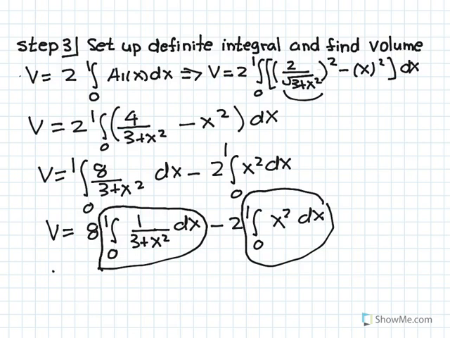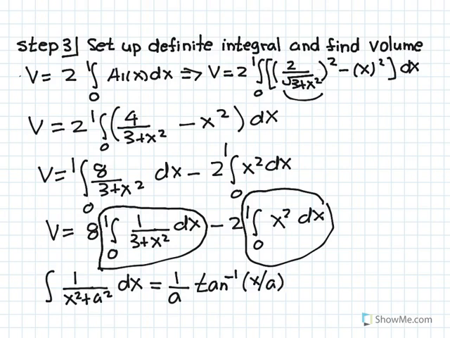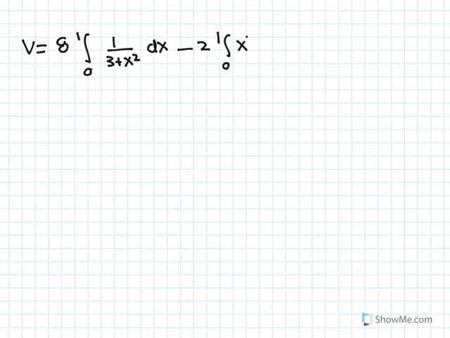So the integral formula is integral 1 over x squared plus a squared dx is equal to 1 over a tan inverse of x over a plus c, of course. All right, so what we have is volume is equal to 8, integral from 0 to 1 of 1 over 3 plus x squared dx, minus 2, integral from 0 to 1 of x squared dx.